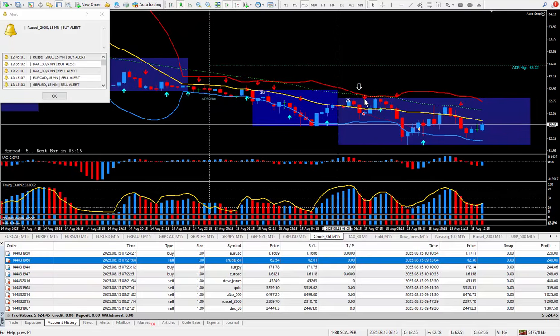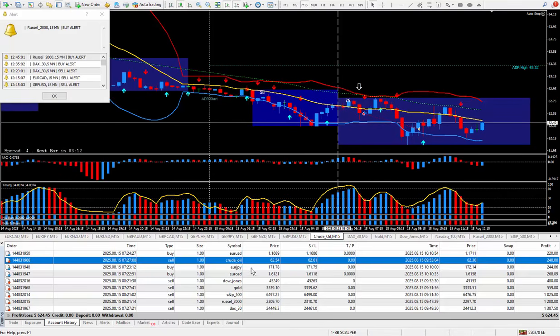Had the arrow from the super signal here, daily trade plan. I took the trade on the arrow here, did a bit of a pullback, and then it went down. Now the crude oil pays $10 for each tick, so easy to see this should be 24. There it is right there, 24 ticks paying out $240.